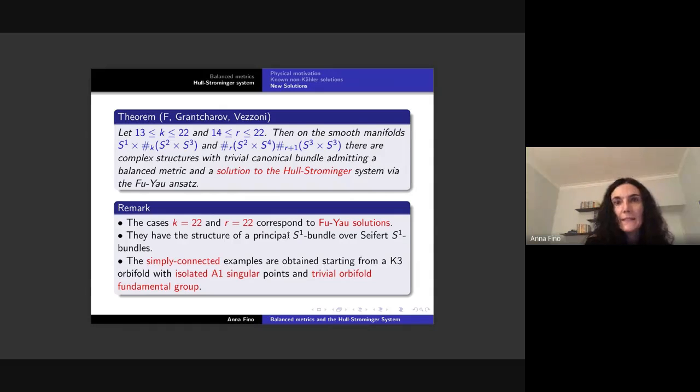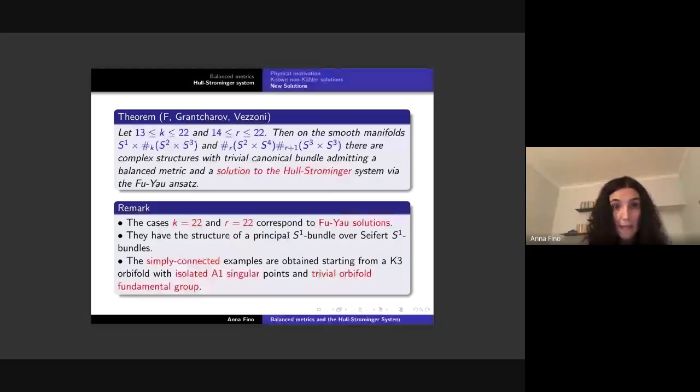Here I didn't explain how we consider the second case, but essentially we construct two divisors to get our structure, and we show that in fact they have a balanced metric, trivial canonical bundle, and they have a solution to the Hull-Strominger system.